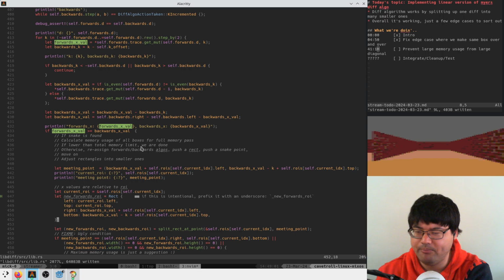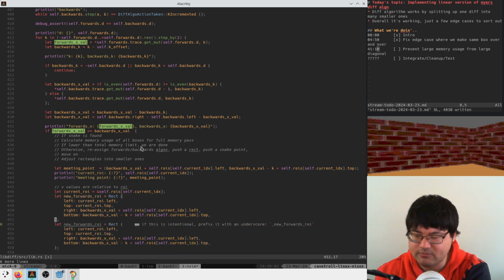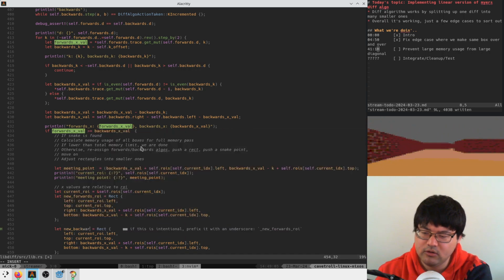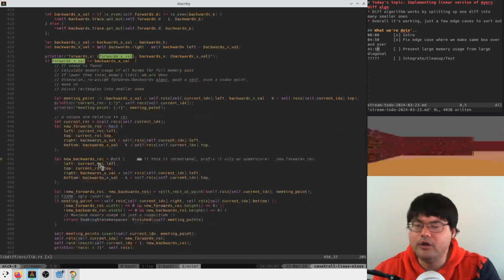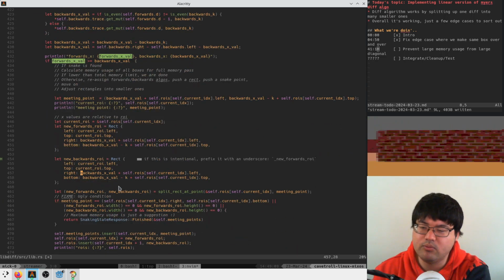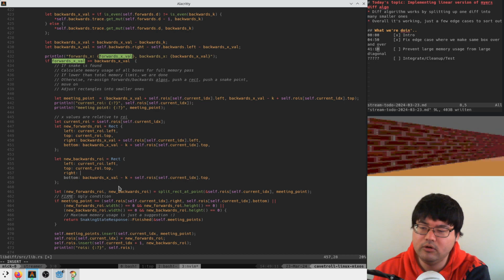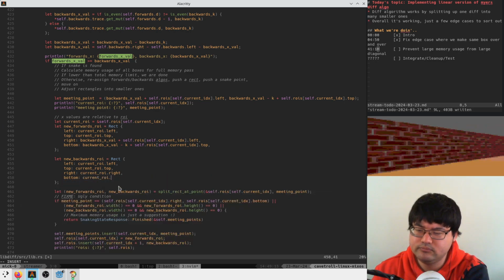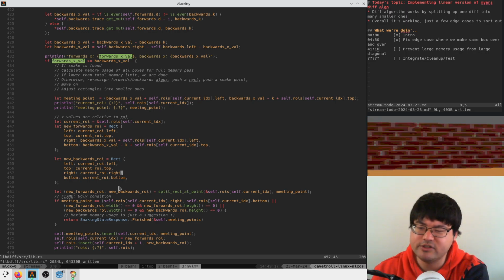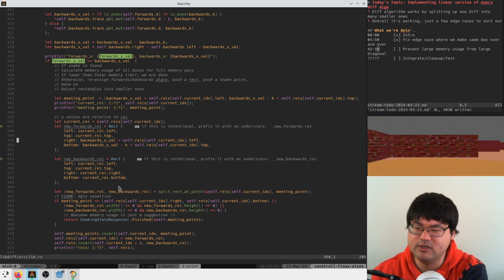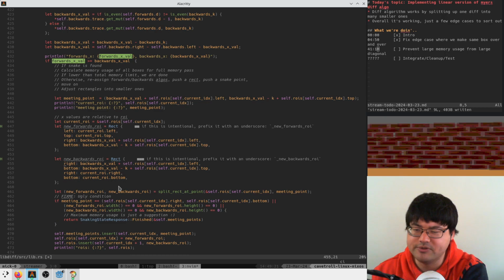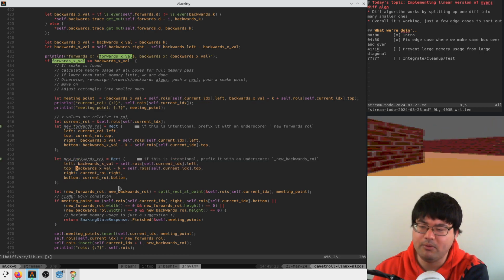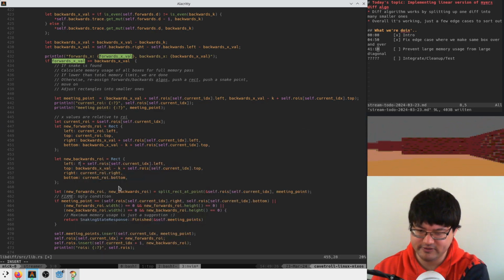And then the backwards ROI is going to be the same thing, except he's going to keep the right and bottom and adjust his top left. So we're going to do the same thing that we did here, but this is going to be left, and this is going to be top, and we're going to use the forwards X val instead.